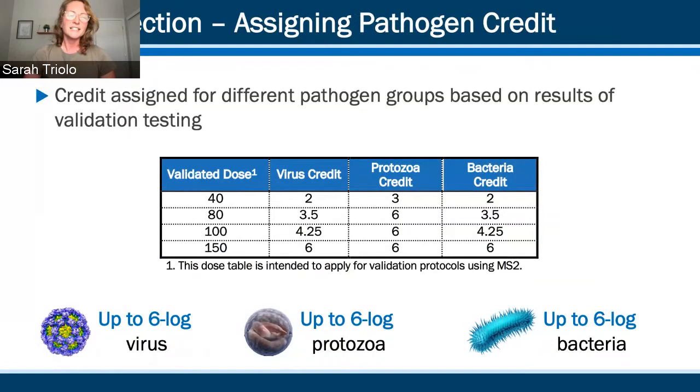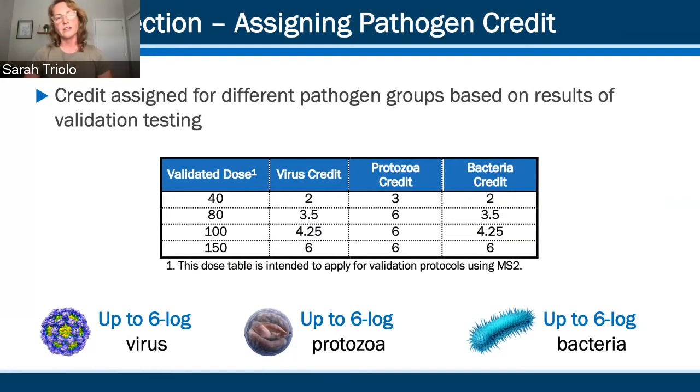And so this is the critical table for understanding what doses can achieve different credits in our program. And this table, again, probably looks different than other tables in the EPA manual.